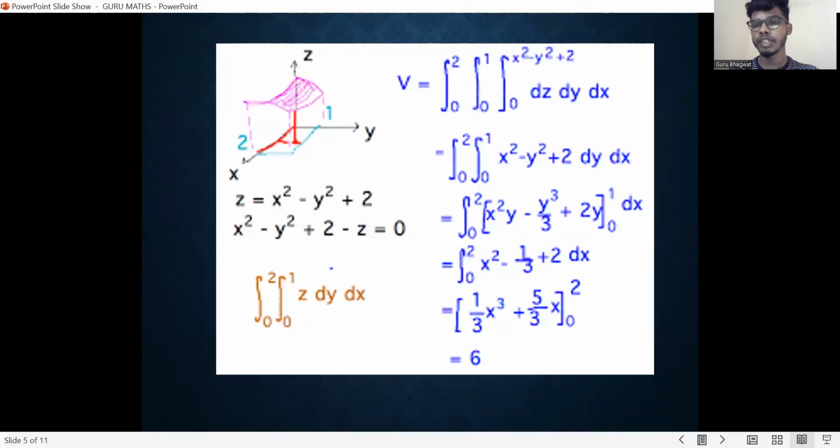Next, with respect to dx, this will become x cube by 3 minus 1 by 3 x. While applying the integral limits 0 to 2, by applying the upper limit and lower limit, we'll get the final answer as 6. This is the one example for this question.